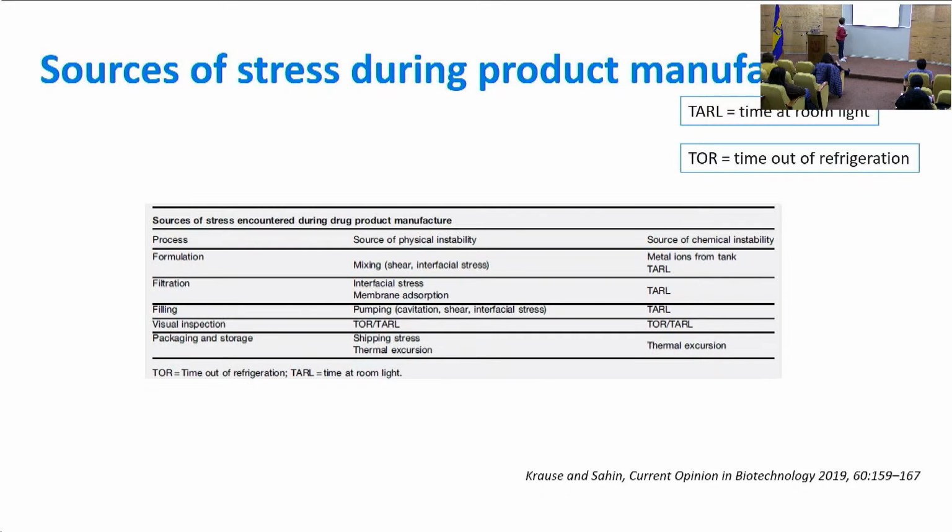All the different stages show the sources of stress during the drug product manufacture: during the process, during the formulation, during filtration, filling, because of the pumping and the shear stress and the interfacial stress.